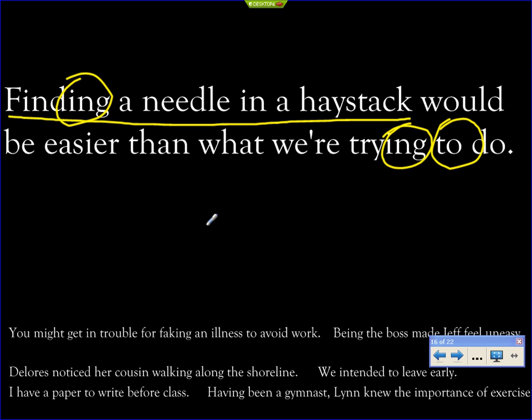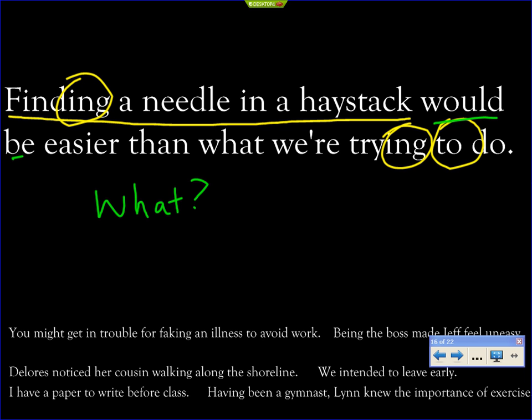Would be easier. Right. And if you ask yourself what would be easier, what's the answer? Oh, finding the needle. What would be easier? I'm looking for a noun. The what question looks for a noun. What would be easier? Finding a needle in a haystack, and therefore it's the subject. Let's look at the rest.